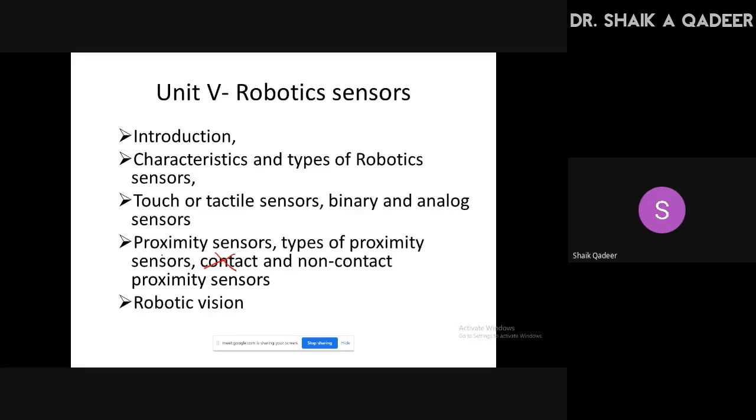In the syllabus it is mentioned to cover proximity sensors for robotics application. We need to see the types of proximity sensors that we will do. In that it is also mentioned that we need to cover both contact as well as non-contact type of proximity sensors. Unfortunately, proximity sensors are of type non-contact. We do not have any proximity sensor which belongs to the category of contact.